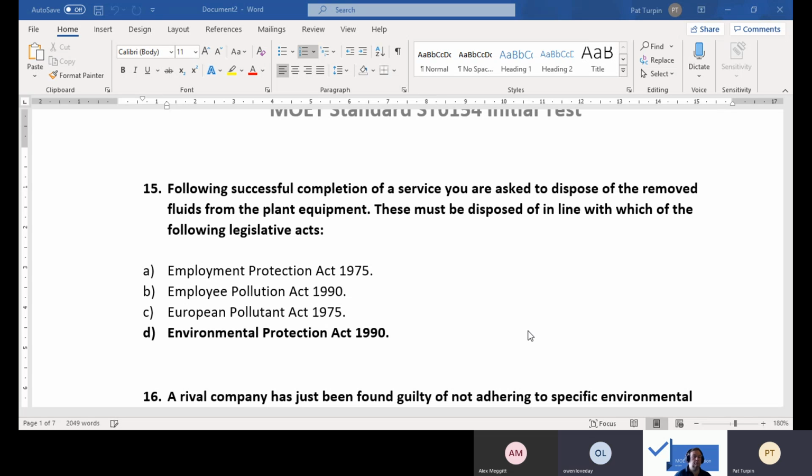Contaminated oil used to be an horrendous thing. People never knew what to do with it. They'd keep it in great big vats. They'd tip it out in general. They'd pour it into the soil, not realising it's going to be there for the next hundreds of years. And it is our Environmental Protection Act. And to be honest with you, I remember when that was altered, because it was something else before that.